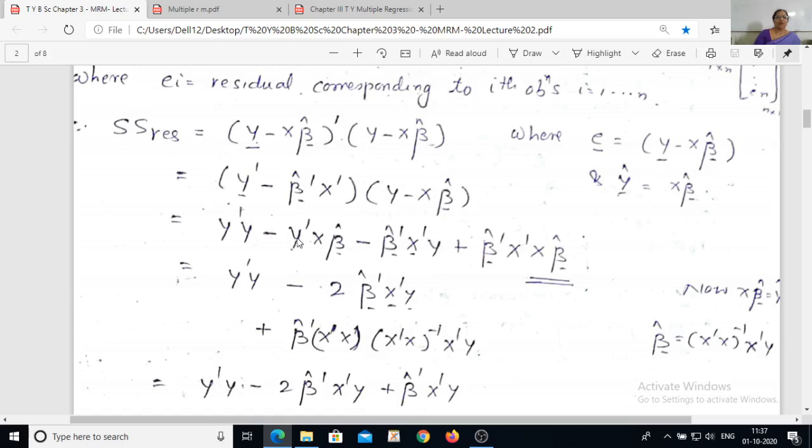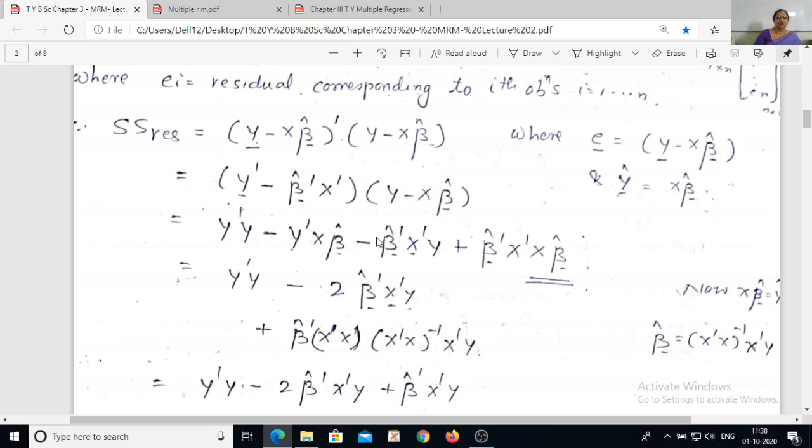Just a simple multiplication of these two brackets. Now if you look at this, what is your y prime? Y prime is 1 by n, x is n by p plus 1, and beta cap is p plus 1 by 1. So this particular thing is a scalar of order 1 by 1, and similarly this is also a scalar of order 1 by 1.